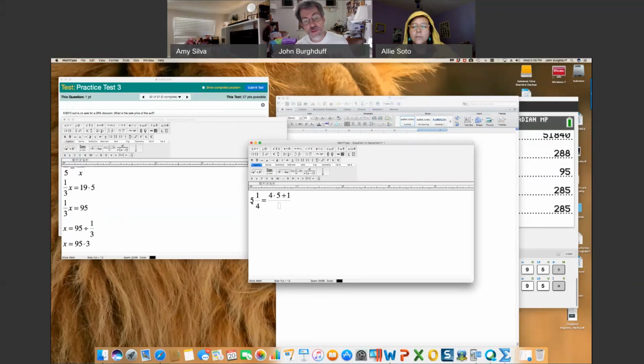This number times this number plus that number. 4 times 5 plus 1. All over, the denominator stays exactly the same. You don't do anything with that. 4 times 5 is 20, plus 1 is 21. So this becomes 21/4. Okay. And that's the improper fraction they wanted.